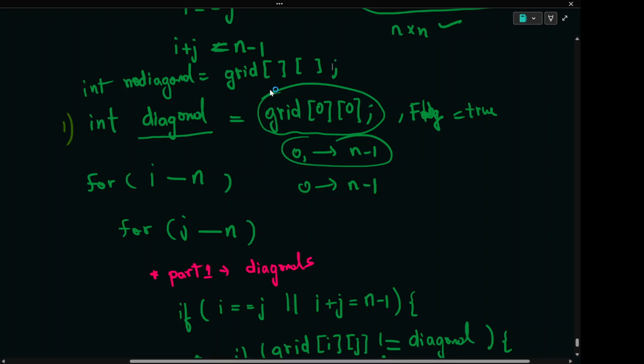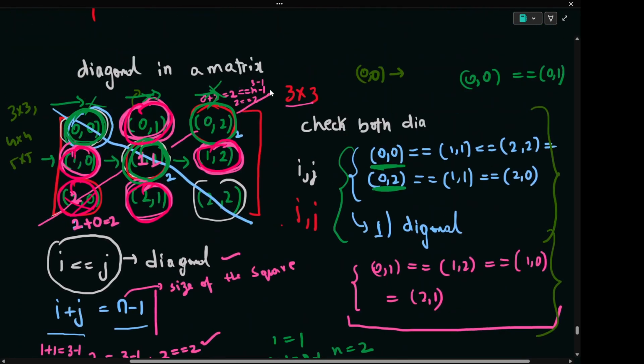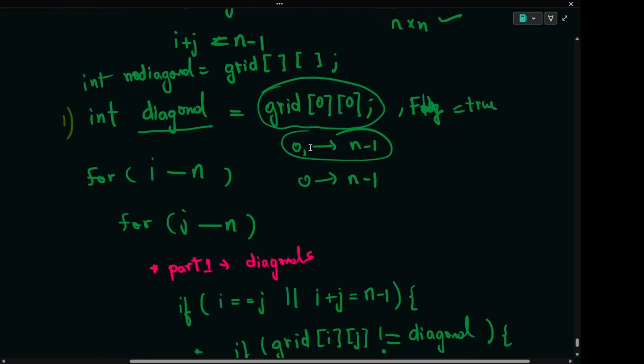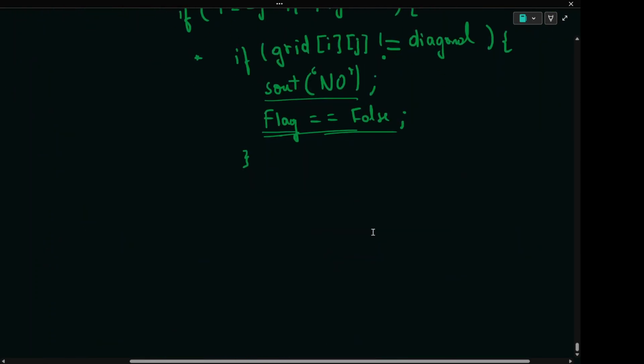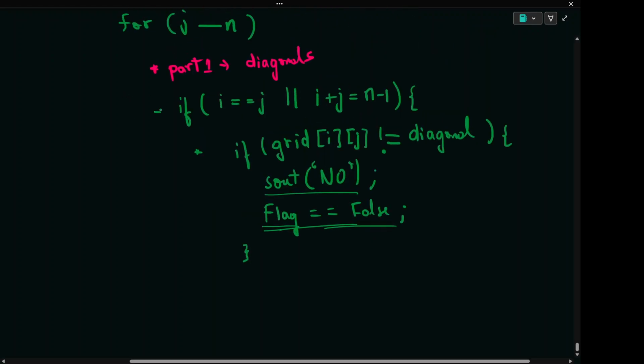What can we take as a non-diagonal element? Can we take this element here? Awesome, 0 and 1. We can take the non-diagonal element as grid of 0, 1. Correct?